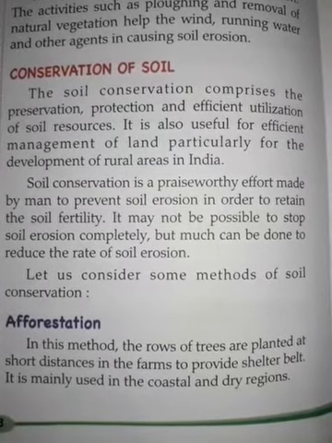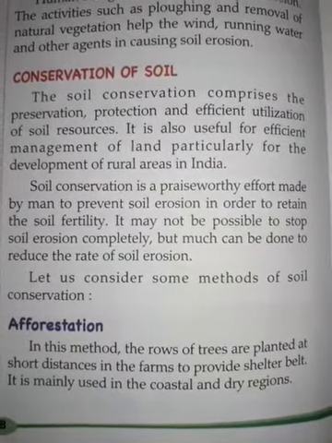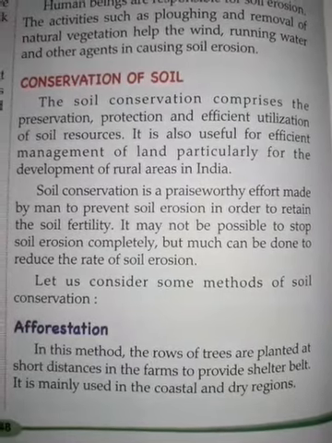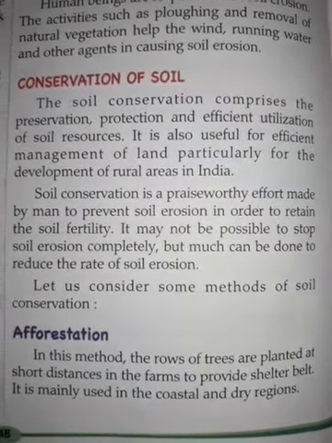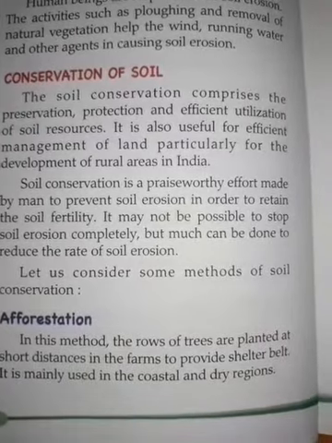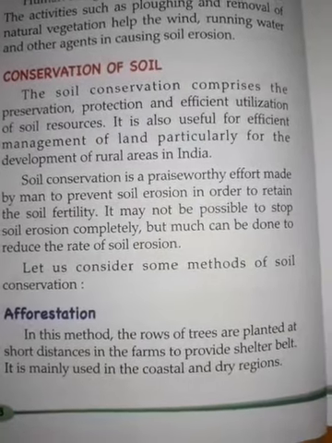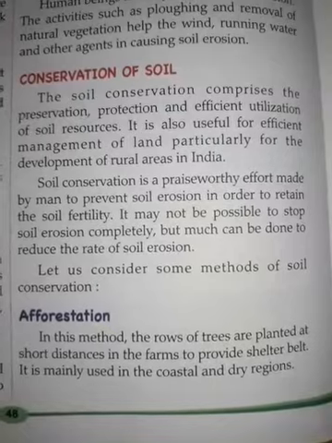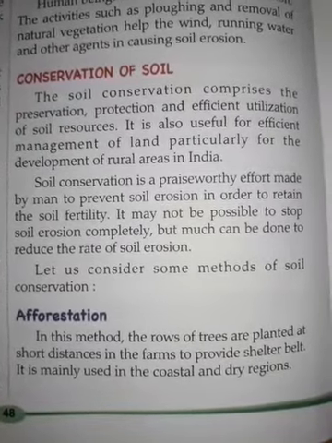As soil is one of the most important natural resources for us, we need to prevent soil erosion. This is also called conservation of soil. The roots of the trees help to hold the soil together.